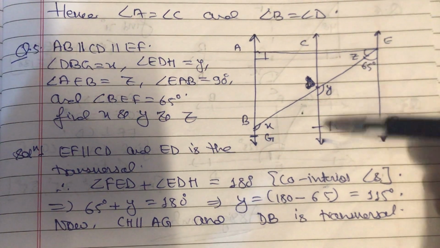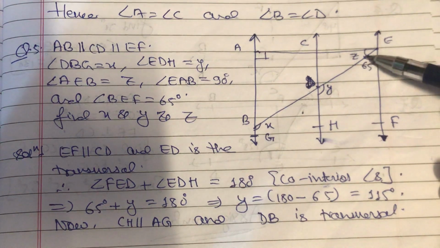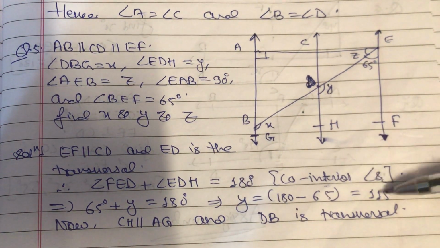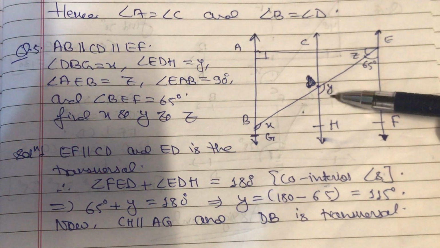Why? Sum of co-interior angles. Then Y is equal to 180 minus 65, which is 115. So from there I get the value of Y equals 115.